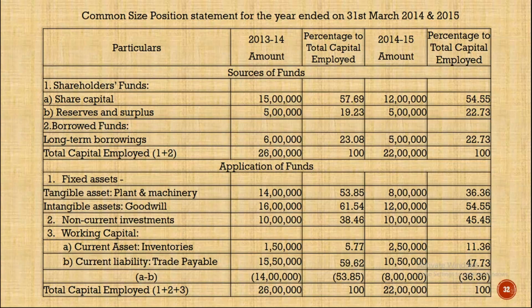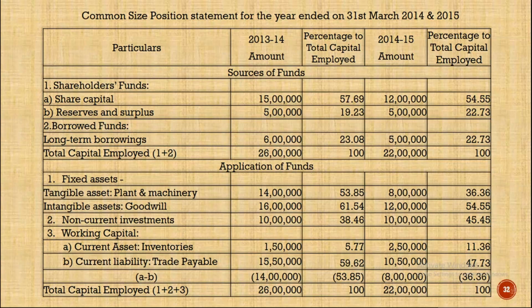Then for share capital, how to calculate? 12 lakh divided by 22 lakh into 100 will give you 54.55%. Similarly, 5 lakh divided by 22 lakh into 100 will give you 22.73%.